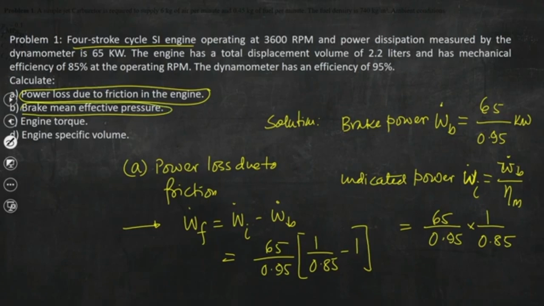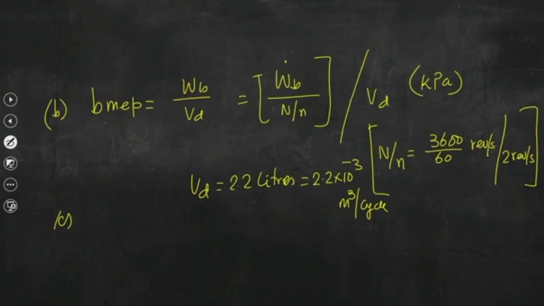What about engine torque, that is C? Today we have discussed engine torque. If it is tau, that can be written in terms of work, that is W_B, and if we write n, then W_B dot.